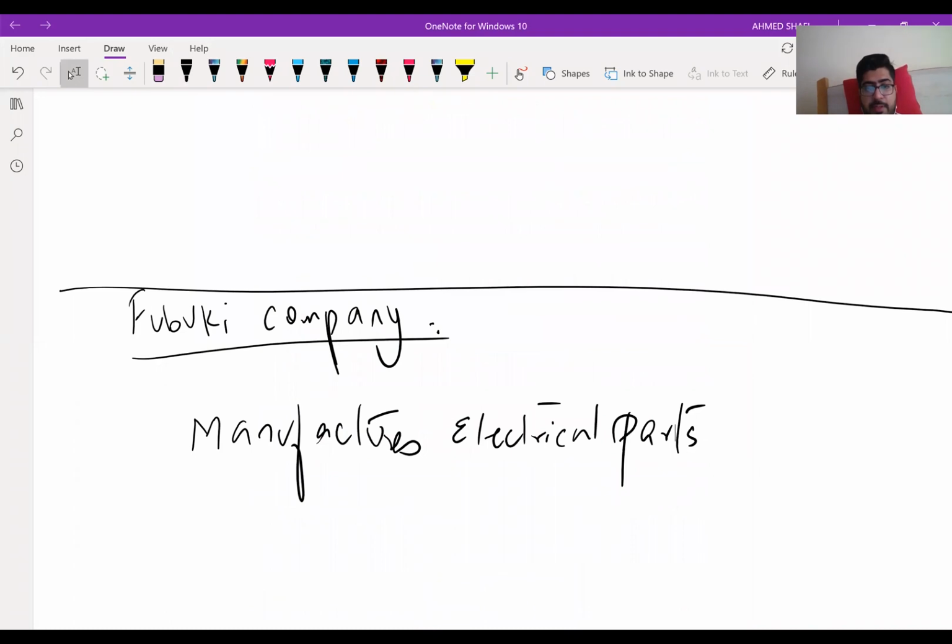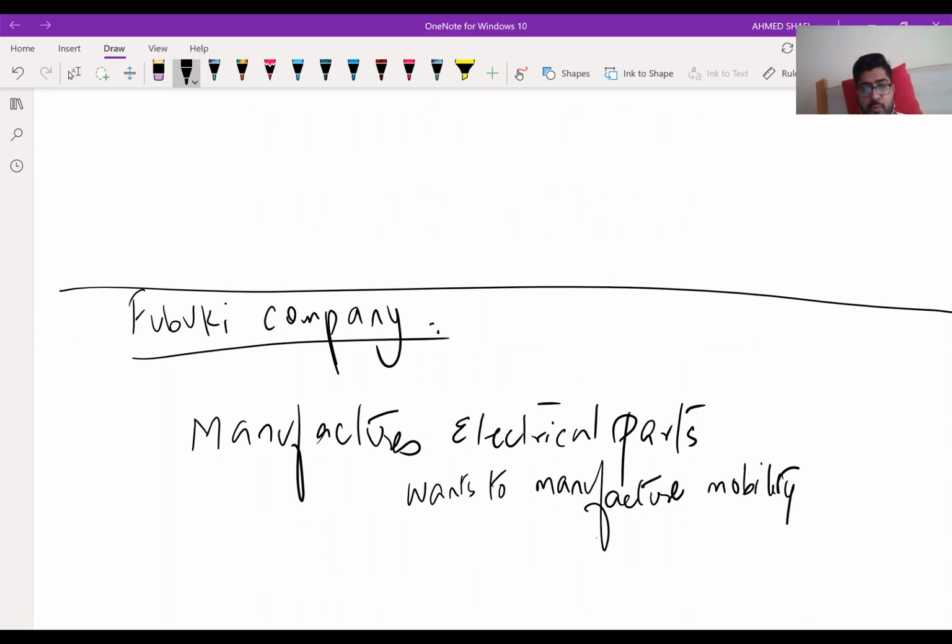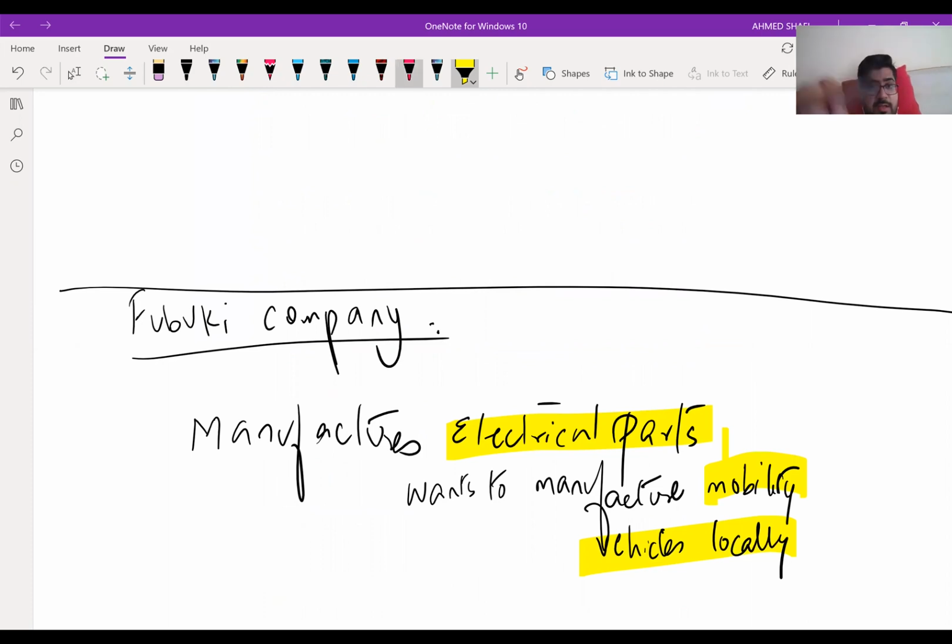See, Fubuki manufactures electrical parts, but now wants to manufacture mobility vehicles locally.